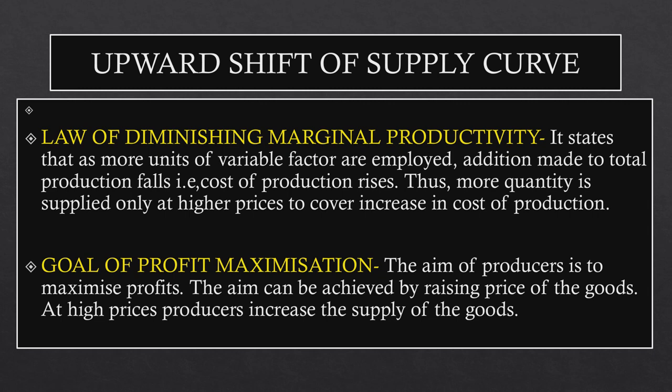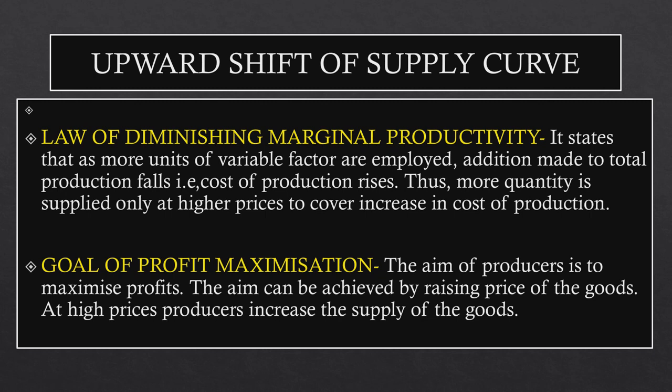If your cost of production is increasing, your product is becoming costly. When there is excess production, your profit margin becomes lower. Though you're producing at higher prices and your sales will increase, it decreases your profit margin.